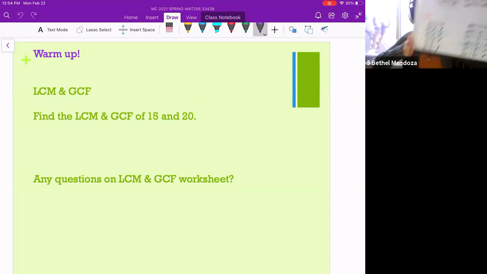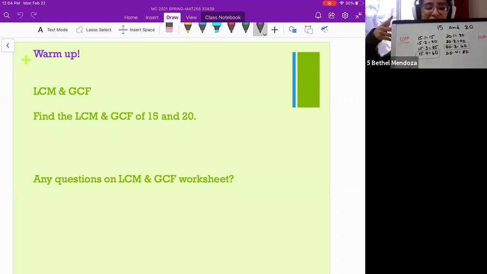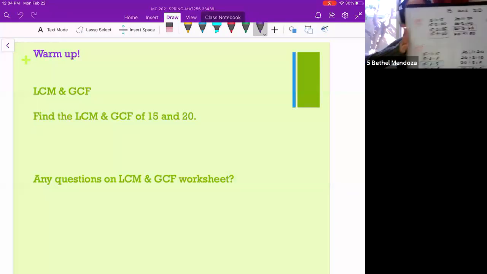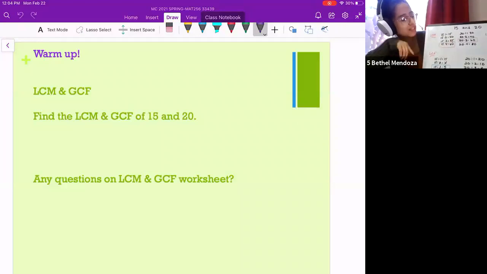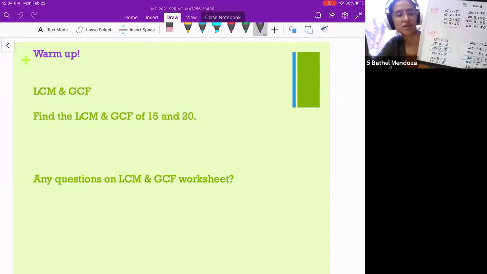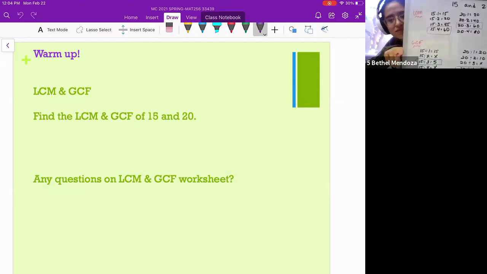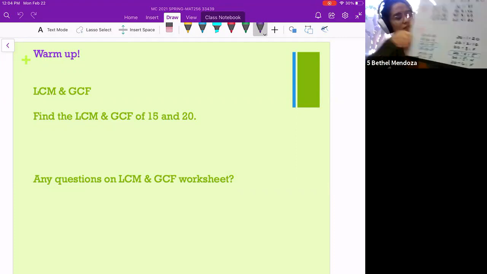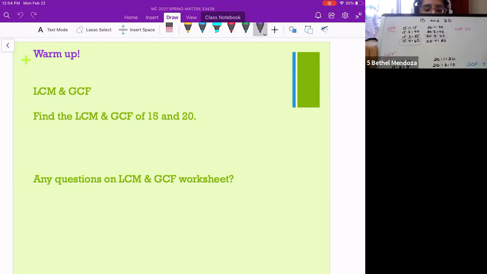And then I went up to 20, since I already know that 20 is just multiples of 2. 20 times 1 is 20, 20 times 2 is 40, 20 times 3 is 60, and 20 times 4 is 80. So I circled them. 15 times 4 is 60, and 20 times 3 is 60.